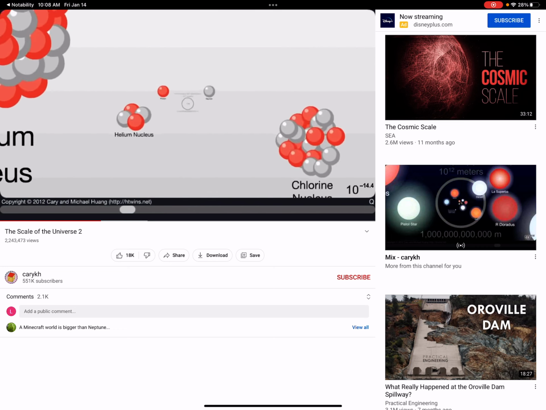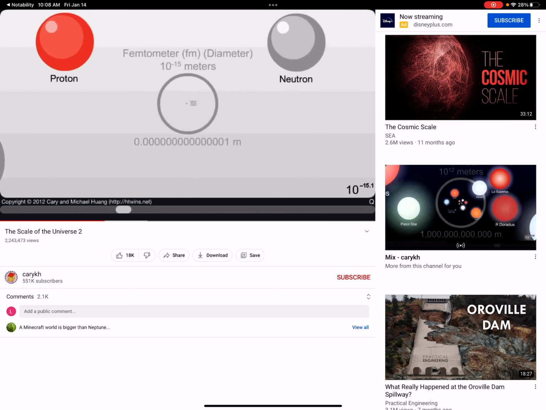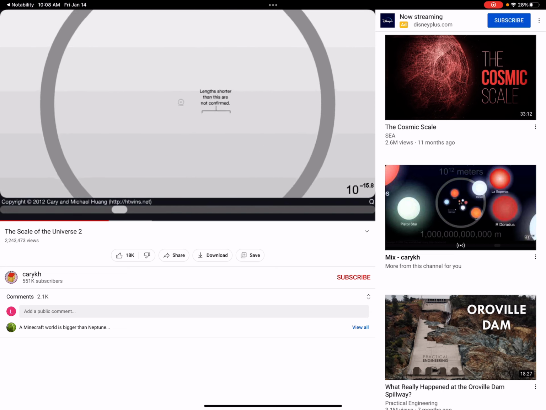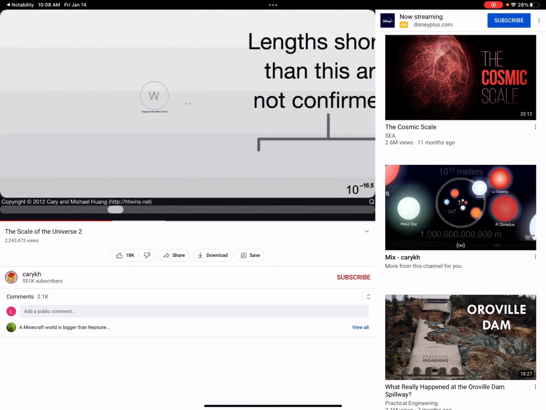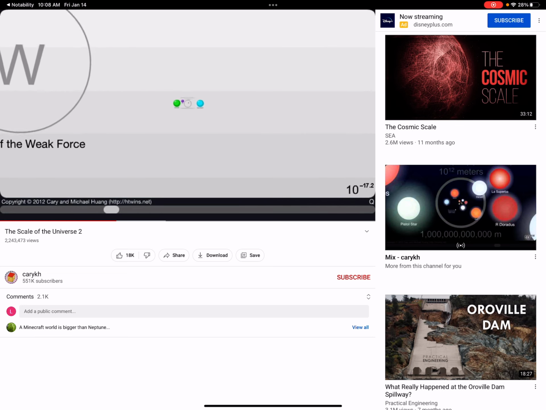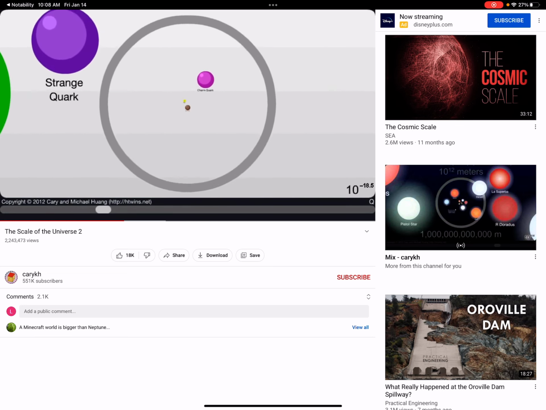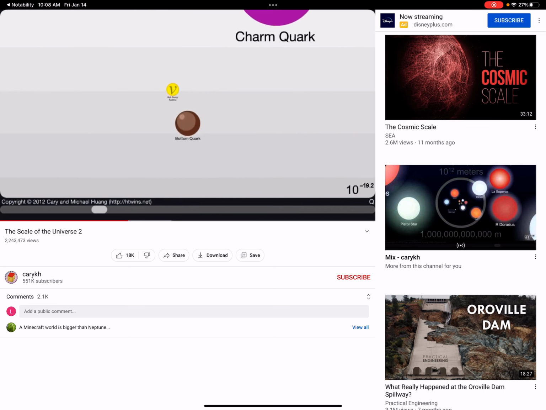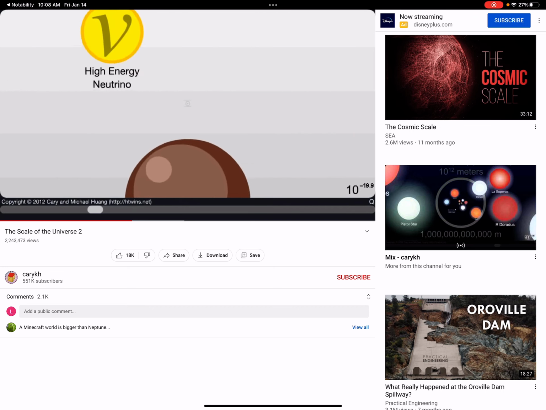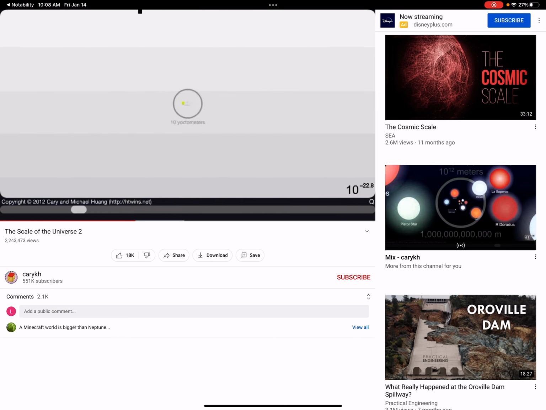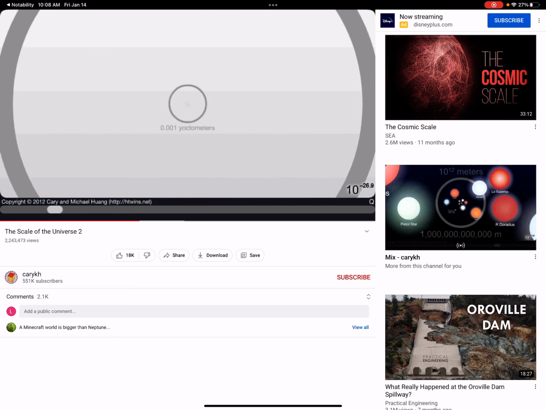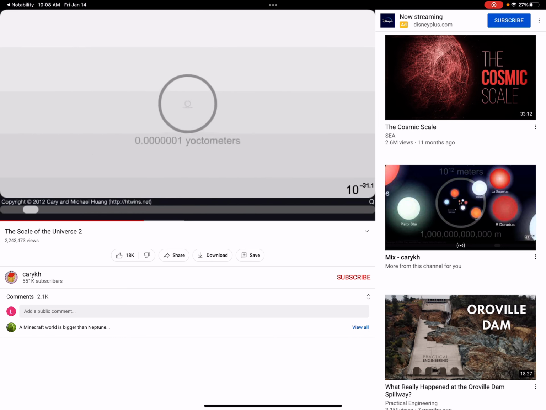For example, we can see that a quark is almost 10 to the minus 18. Quarks and high energy neutrinos and so on are really, really small particles, even smaller than an electron, proton, or anything like that.